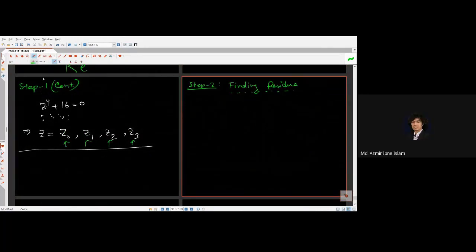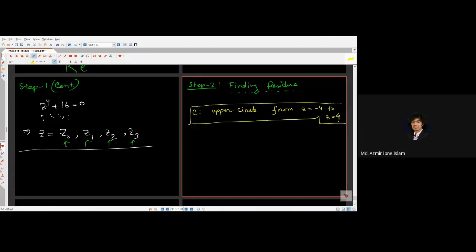Yes, sir. So we are going to draw our region. This is an upper circle from z equal to -4 to z equal to 4. You don't need to think about this. It will be given in your question. That means this is the contour. So let's draw this. Z equal to -4 is a complex number, -4 plus 0i, or the point (-4, 0).